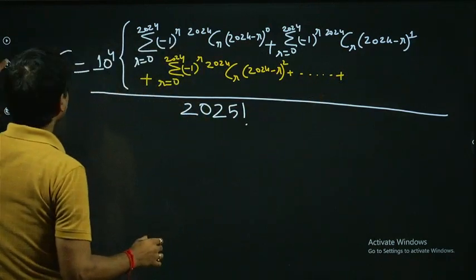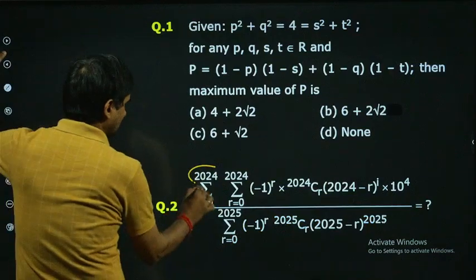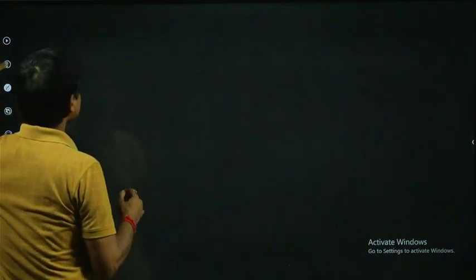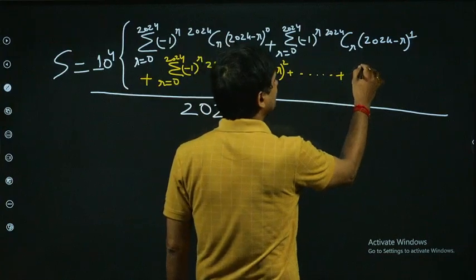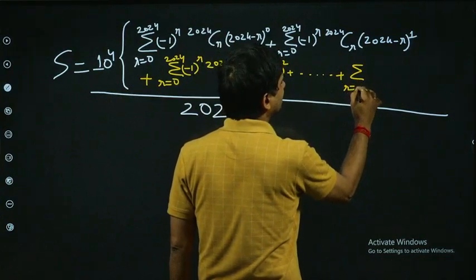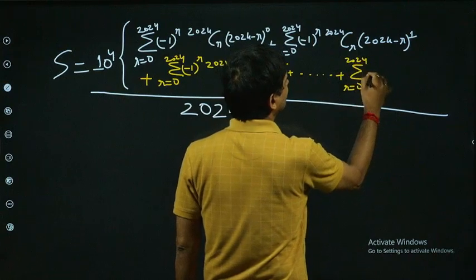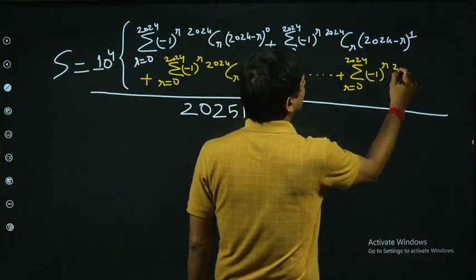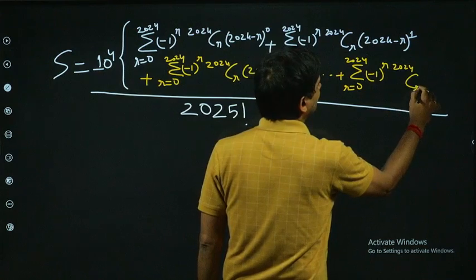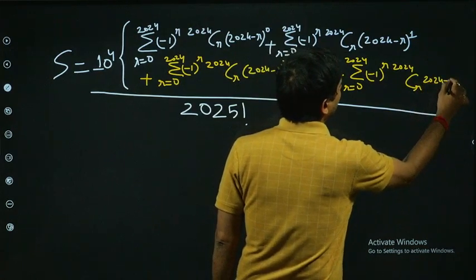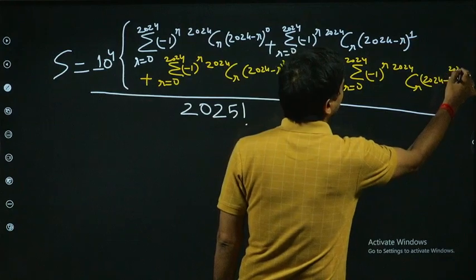The last term will be when i is 2024. So the last term will be summation r goes from 0 to 2024, minus 1 raised to the power r, 2024 C r, 2024 minus r raised to the power 2024.